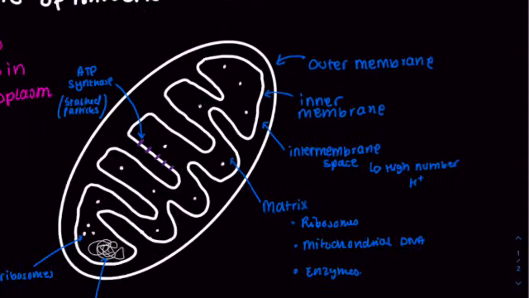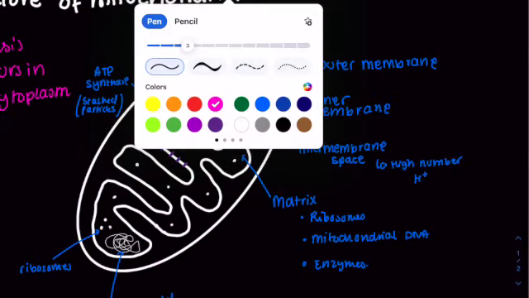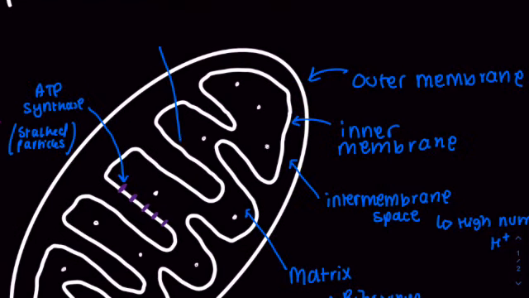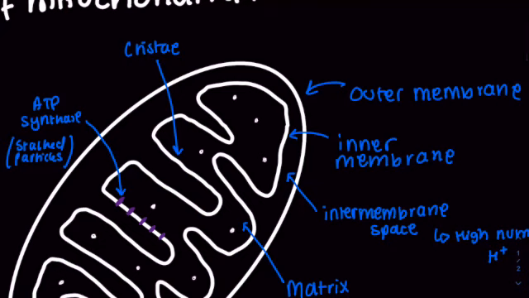So let's get on to where I've forgotten one more thing. These folds are known as cristae. I think I'm saying it right, but they're known as cristae, and what they do is they provide a large surface area.